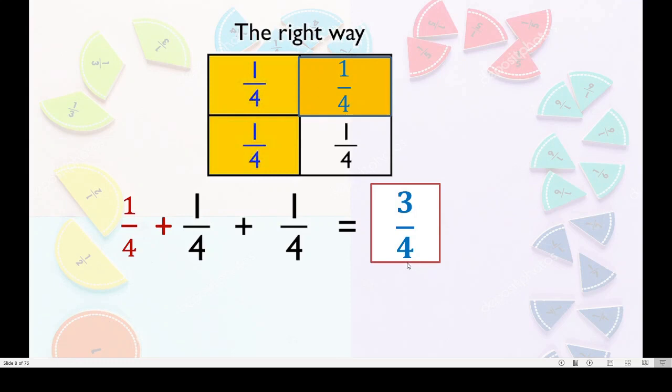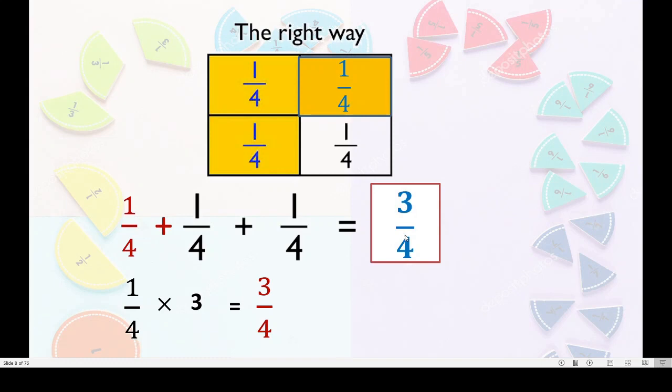In one more method we can write it like this. 1 upon 4, how many times? 3 times, isn't it? 1 time, 2 times, 3 times we added. Right? So 1 upon 4 we multiply 3 times. So we will get the answer. 3 ones are 3 in the numerator and the denominator remains the same.